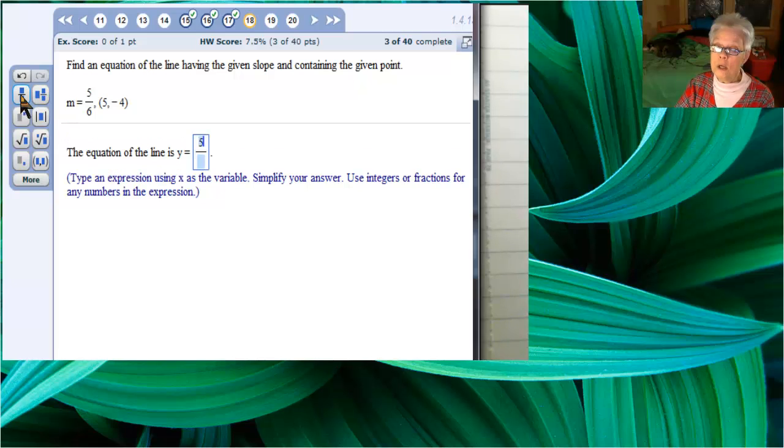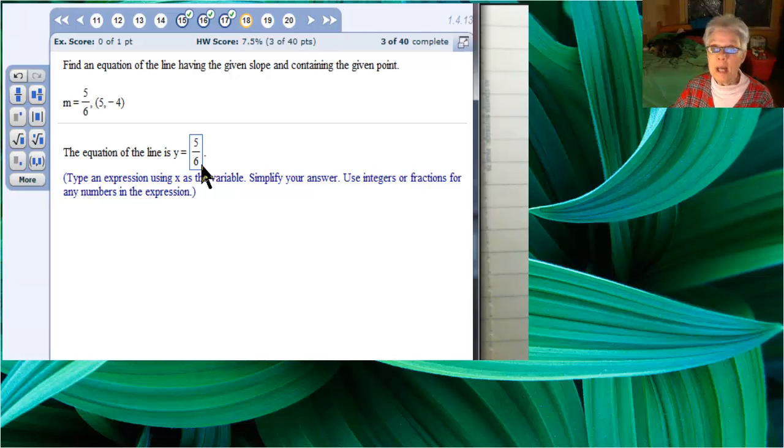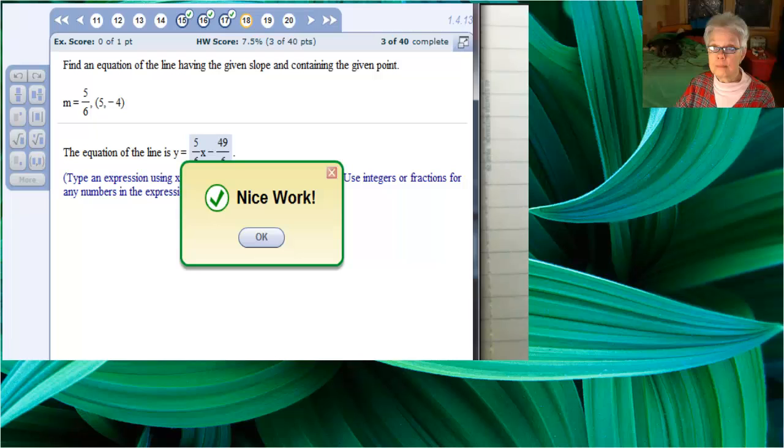All right, here we go. The equation of the line is going to be y equals, which is already there, so you won't repeat y equals. You'll have 5/6, right arrow to move the x to the right, minus fraction 49/6. And there you go.